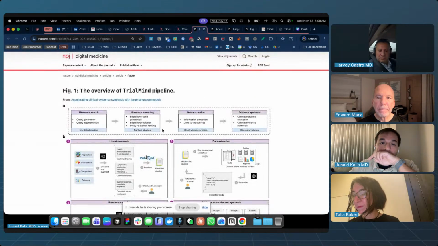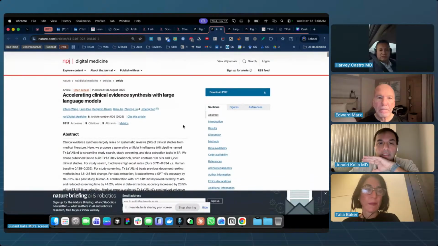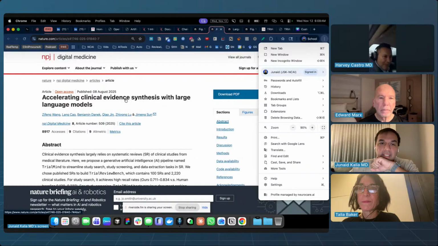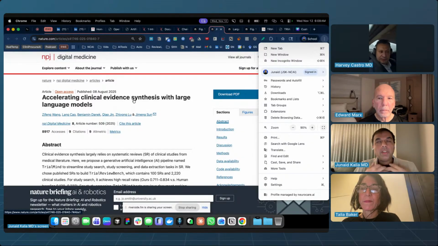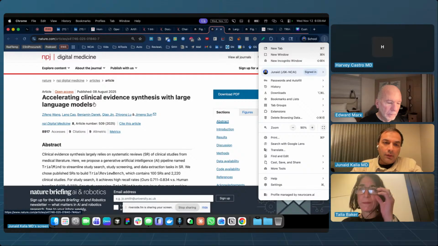This is really one of the core articles that is important to us, and Thalia is going to talk about this as well in depth: accelerating clinical evidence synthesis. Remember, we do guidelines, and guidelines is an insanely long process, with a 5-year gap between what's actually happening and what the clinical evidence is all about. So we need to accelerate this process.